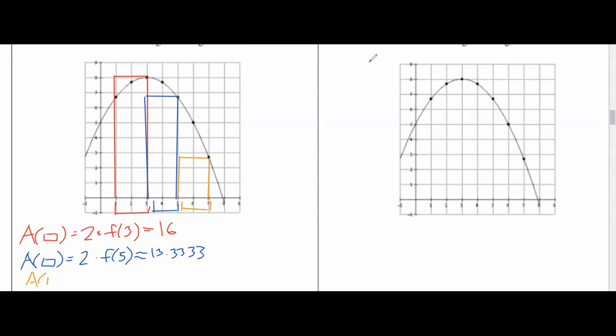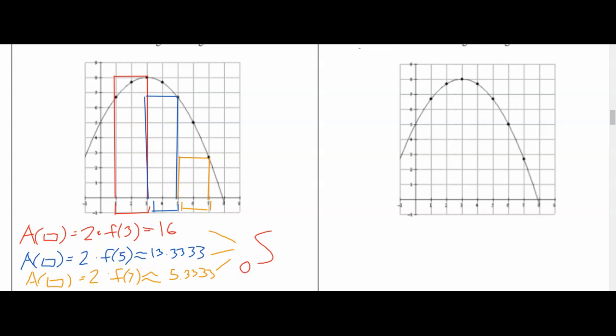Then we have area of the orange. So I get 2 times f of 7, which is 5.3 repeating. So again, what this is an estimate of is the same thing as up above.